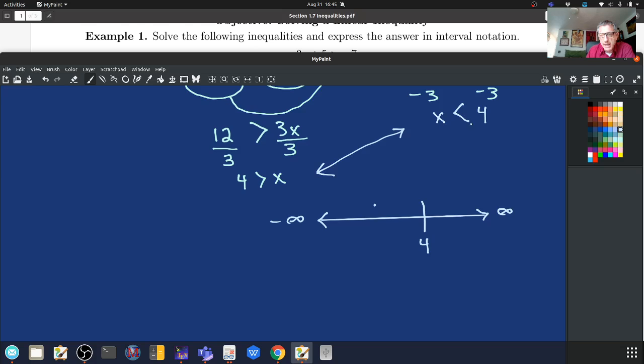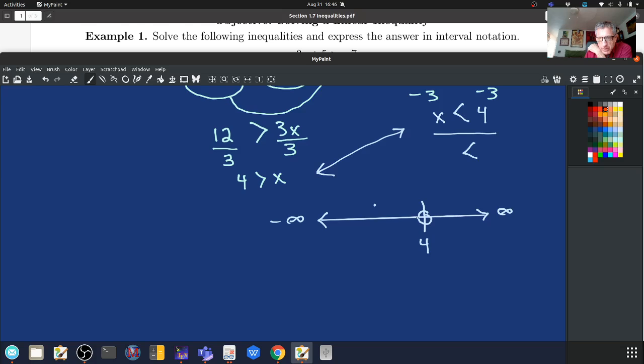So this is x is less than 4, or 4 is greater than x. 4 itself is not included. I always like my inequalities to point the small sharp end to the left. That's the natural direction of the number line.